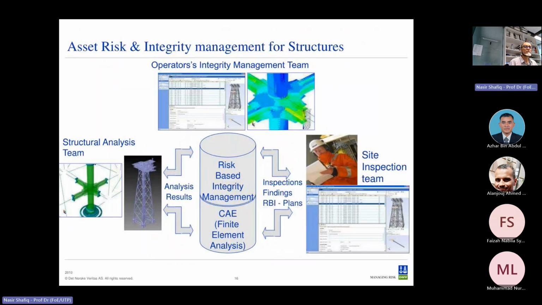So asset risk integrity management, like you can see in the picture. In the middle, this is related to the jacket substructure for an offshore structure, like a platform, this tower kind of structure, which is a steel structure, right?